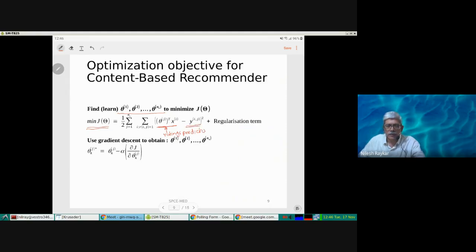So we are using the squared error function, and this summation is over all the terms where the R value is 1, that is, where the rating is known. For all such terms we calculate this error value, and for all the books and all the users, whatever term we get will be in terms of all the user parameters: theta 1, theta 2, up to theta nu. All those unknown terms are captured in this error term.